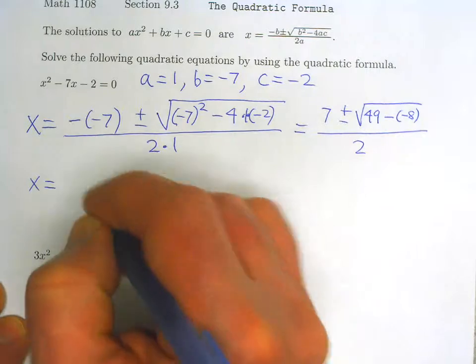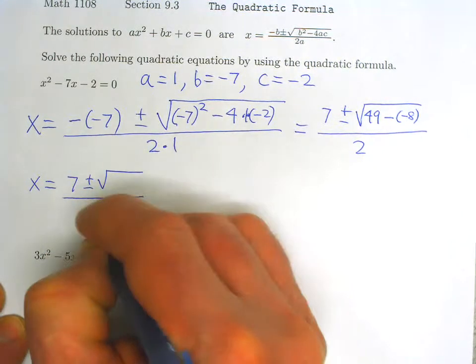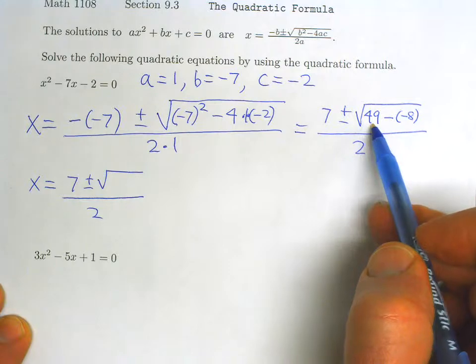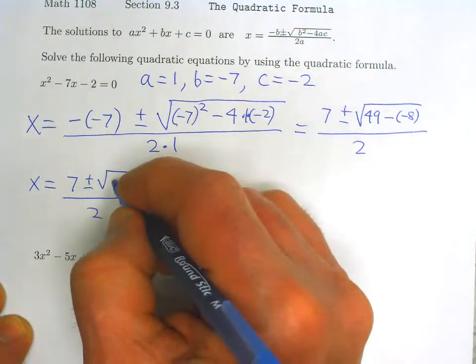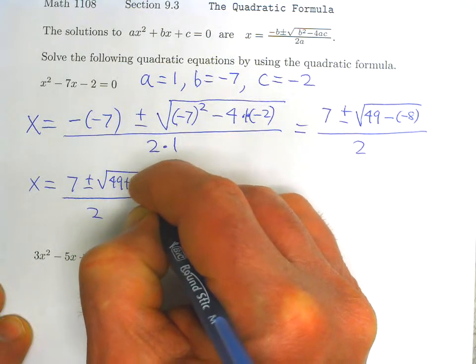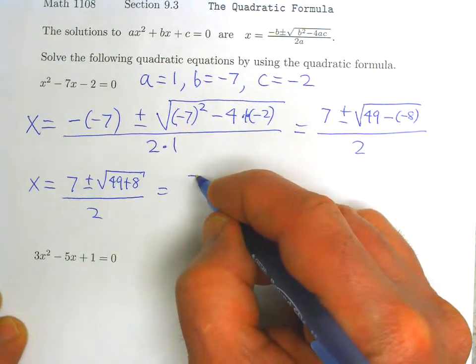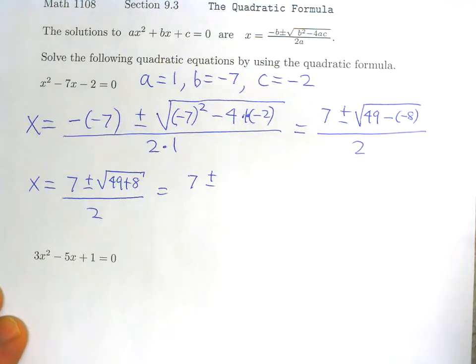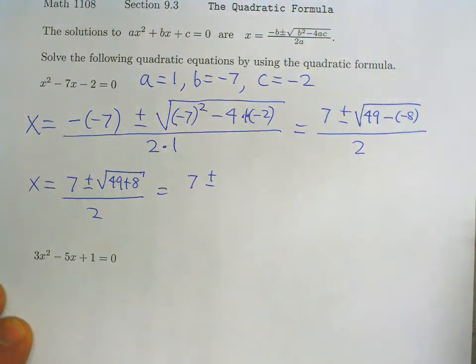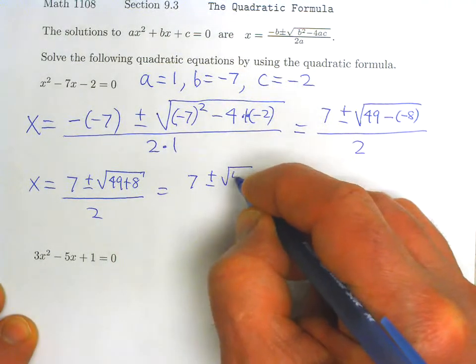So we get x equals 7 plus and minus the square root of 49 minus negative 8, which is 49 plus 8. I'm going into more detail than is absolutely necessary, but that might be okay for the first 2 or 3 examples. So inside the square root, 49 plus 8 is 57. So we have the square root of 57.